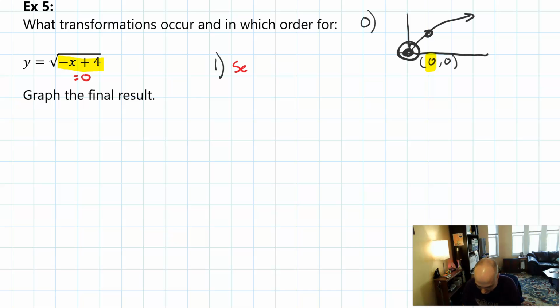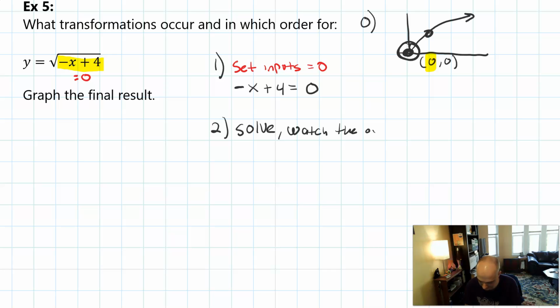So I'm going to set the inputs equal to 0. And that will look like this. Negative x plus 4 equals 0. Then, step 2, I'm going to solve and watch the order.